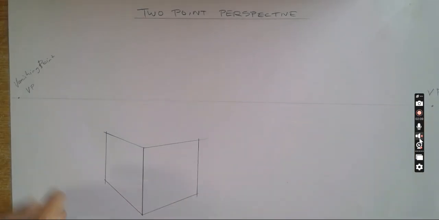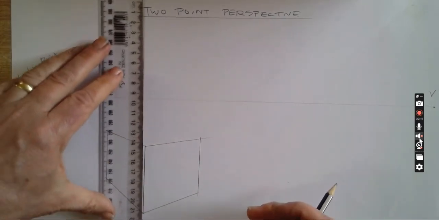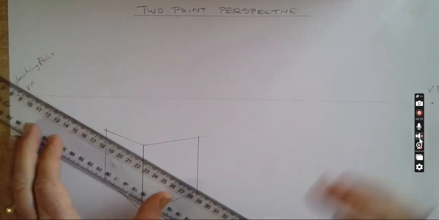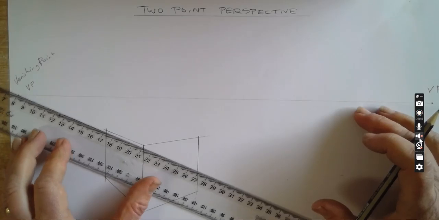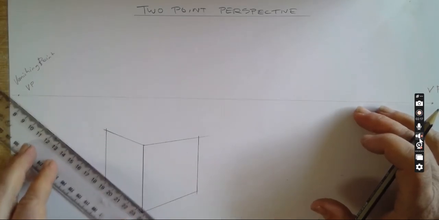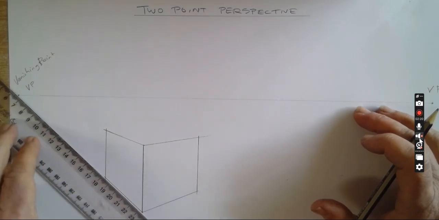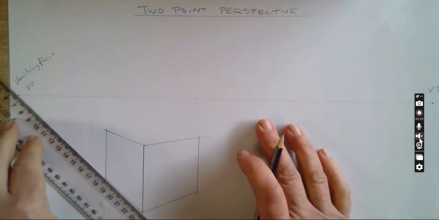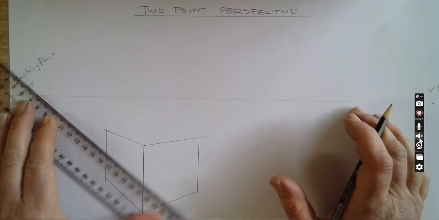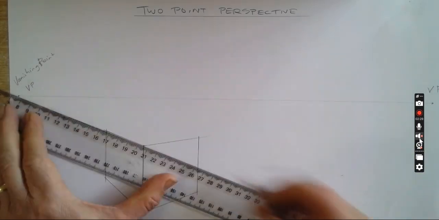So let's break down what I've done just now. Created the corner, and I've used these vanishing points for anything that's not vertical. So I've taken the bottom of that first corner and drawn it to however long I want that box, however big I want that box. I've done the same with the top.